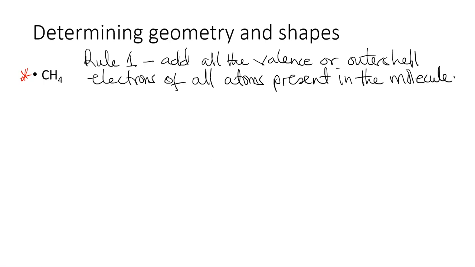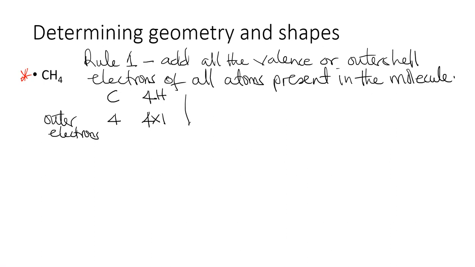So in this case, we have carbon and we have 4 hydrogen. Each carbon has 4 outer electrons. That's why it is in group 4. And each hydrogen has 1 outer electron, but there are 4 of them. So 4 times 1.